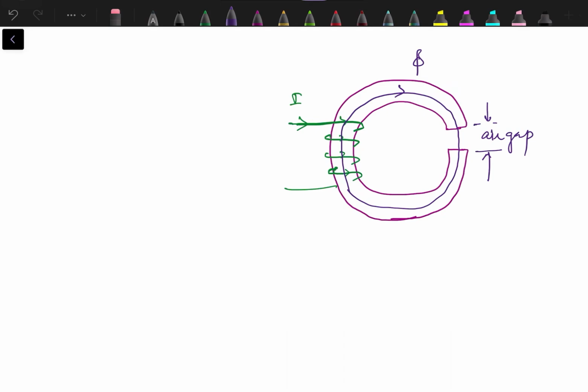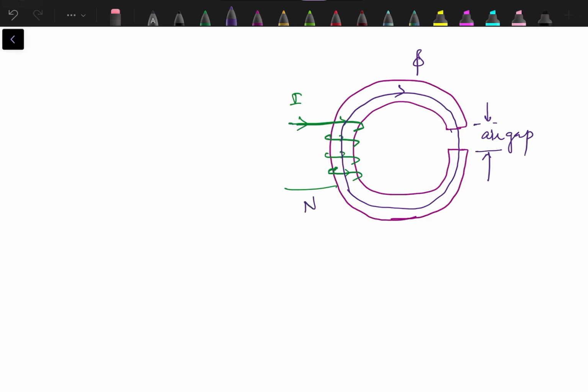Now flux has the property that it can pass through the air. But the reluctance of the air will be different from the reluctance of the core. So we can draw an electrical equivalent of this circuit.